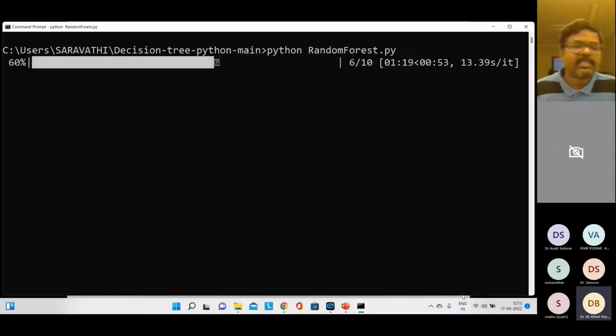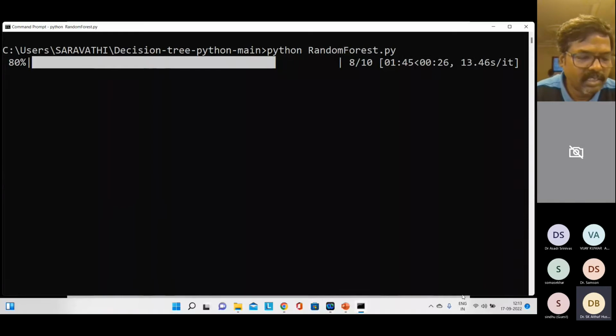See here, still 60% of the random forest algorithm executing because of the number of instances. It is taking time. 70% completed in random forest, and after this, one more algorithm I am going to show you in this one. Now 80% completed random forest algorithm.